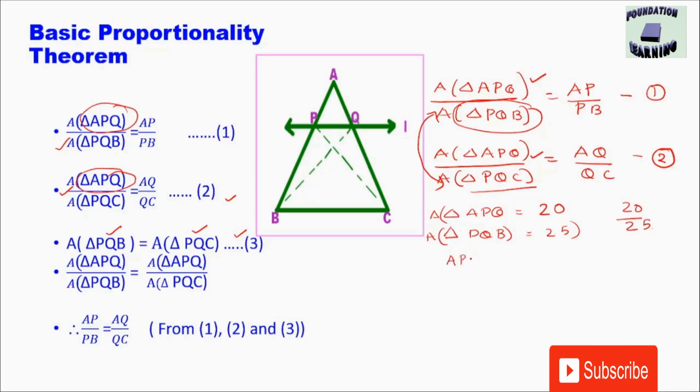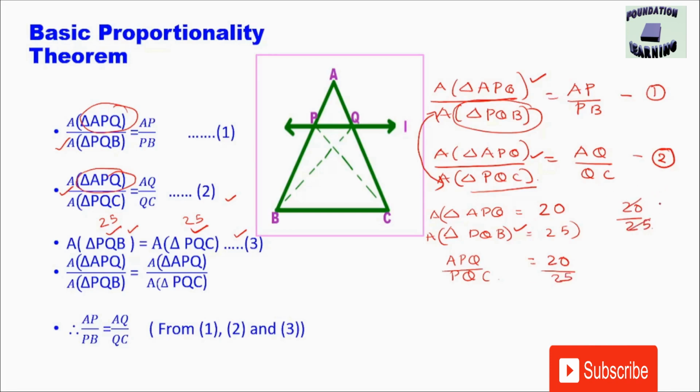And the second equation is APQ upon PQC, and we have said APQ is equal to APQ, so we will naturally get APQ on top. And we have said PQB is equal to PQC. Therefore, if this is 25, this also will be 25, right? So here we have 20 upon 25.